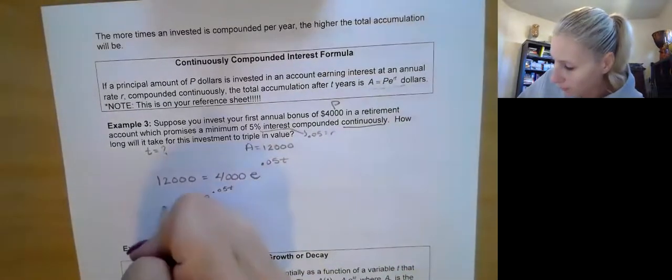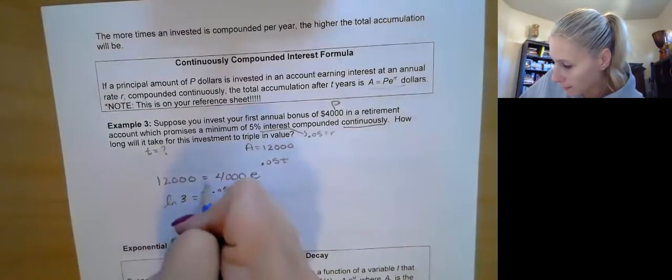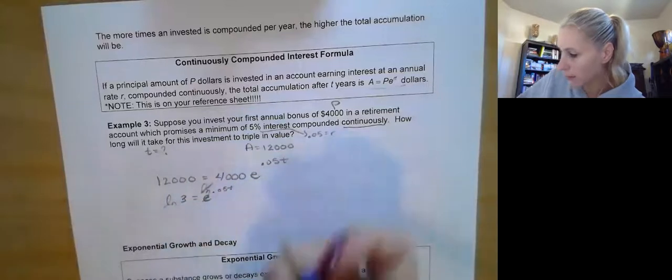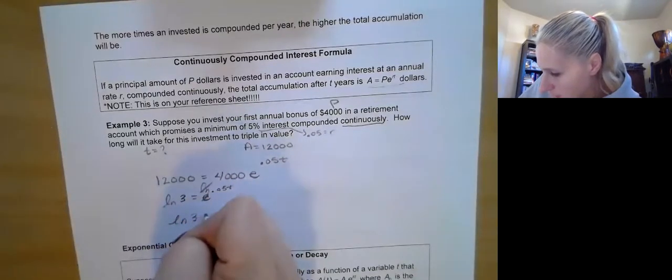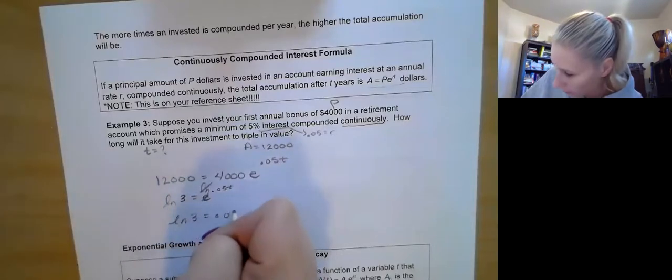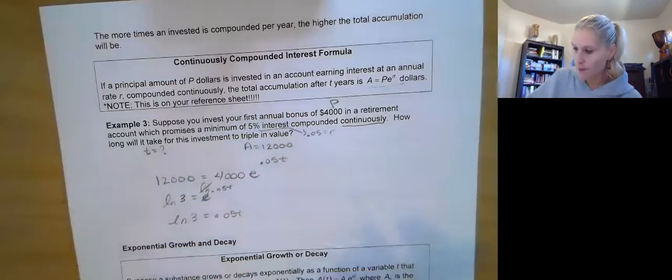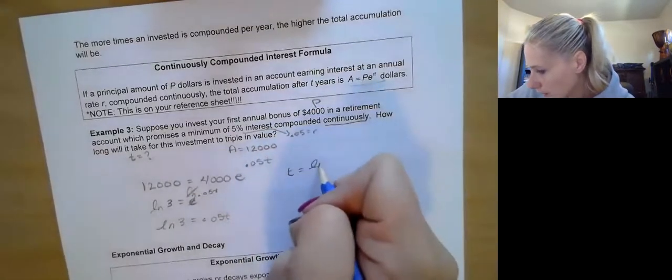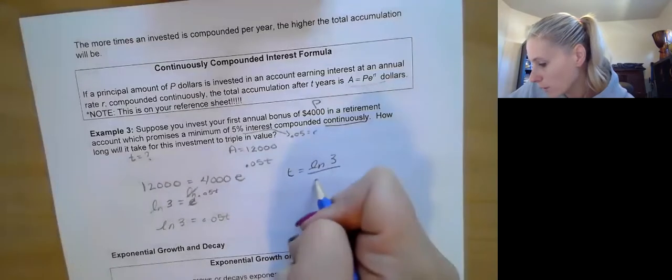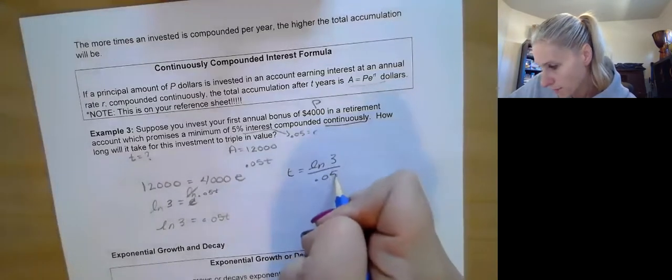We have to ln both sides. And that cancels that. So we have ln 3 equals 0.05 T. And that means T equals ln 3 all over 0.05.